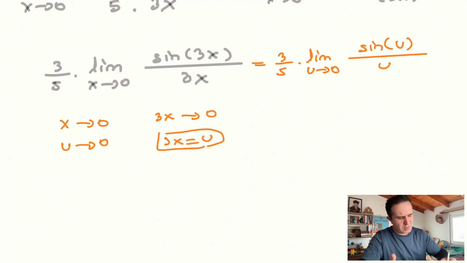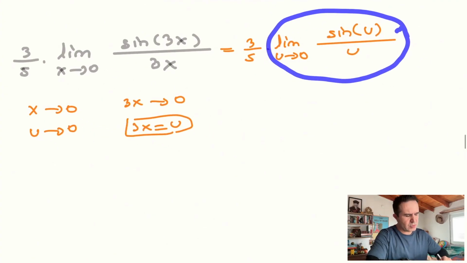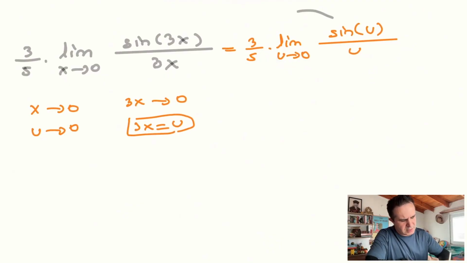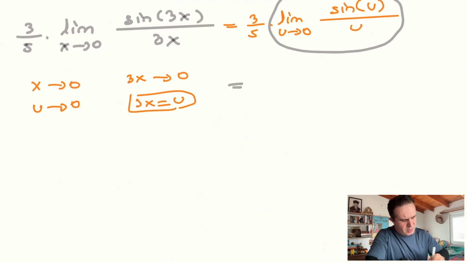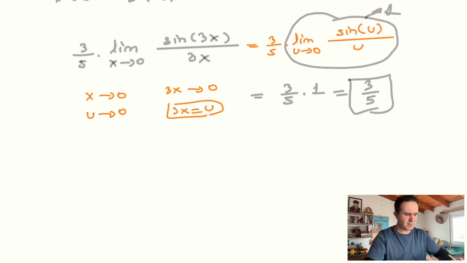Now we have the limit as u approaches 0 of sine u over u, and this approaches 1. Then we have 3 over 5 times 1, and this will be equal to 3 over 5. Okay, the answer is 3 over 5.